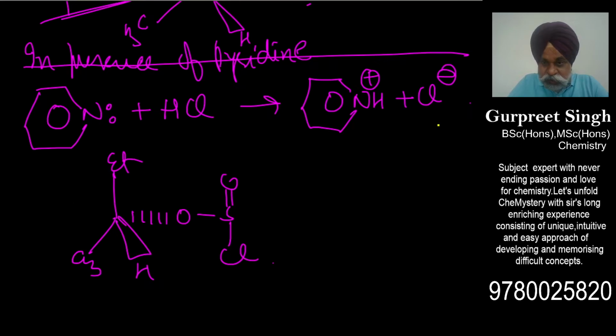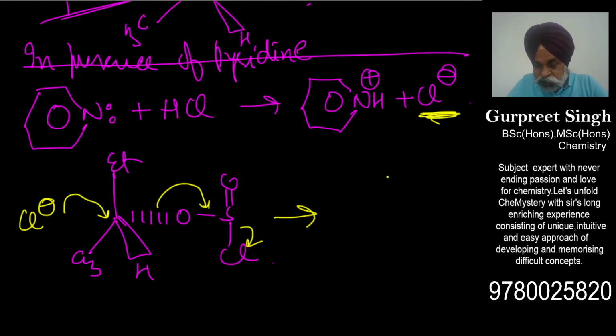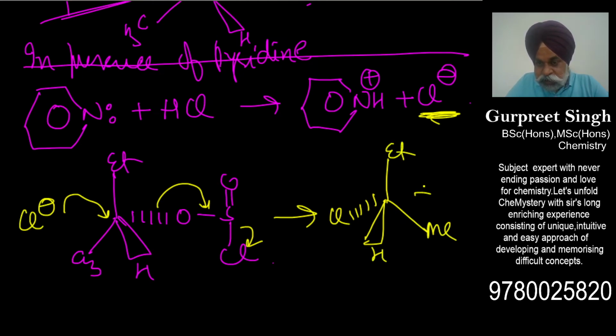Now, if in the system you have the availability of chloride ion, then the chloride ion would have attacked from the backside, and on attacking from the backside would have given you an inverted geometry. The one which you are getting now would have an inverted geometry. Now you would have got chloride on this side, ethyl and methyl, and H on this side, with the loss of SO2 and Cl negative.